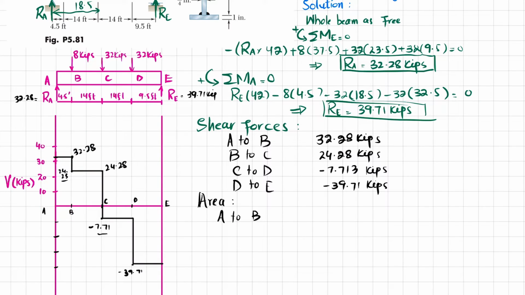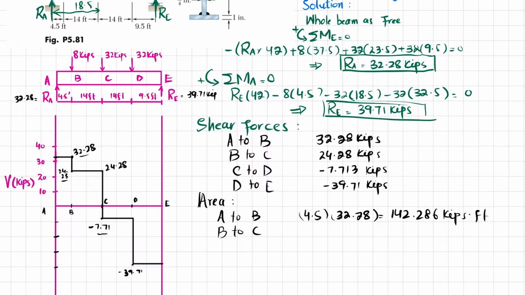So area will be equal to 4.5 feet into this height, 32.28, and that will give you 142.286 kips into feet.